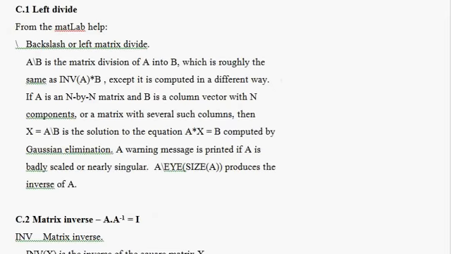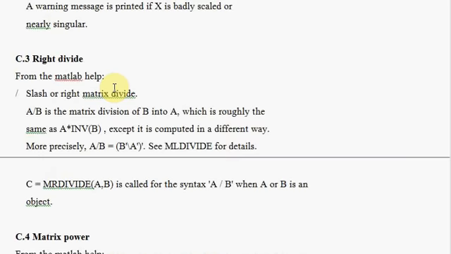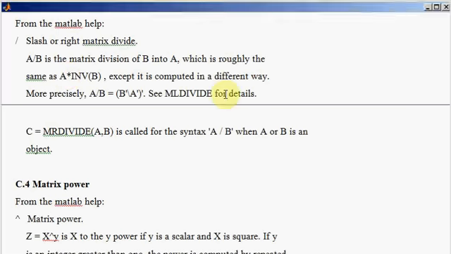So that's the backslash operator, and then let's look at the right divide on the other hand. So here the forward slash, it looks like this. So that's the orientation for the forward slash, which is the right matrix divide, which is the same as matrix division of B into A, which is effectively A times the inverse of matrix B. So let's check that one.